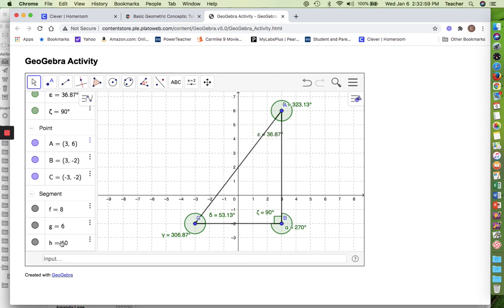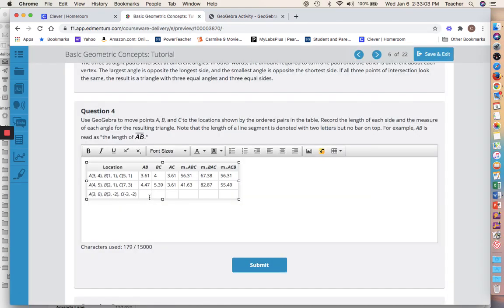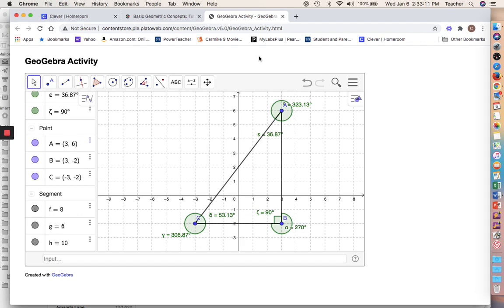But again, the measures change. So I'm going to put 8, 6, 10. Angle B was 90 degrees.